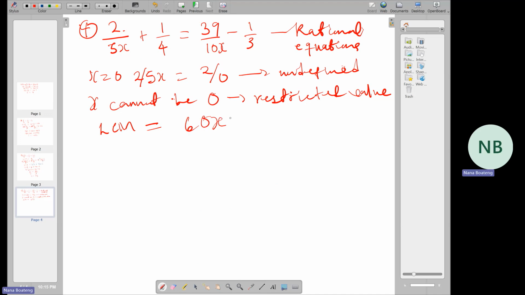So we proceed to multiply every single term by 60x.